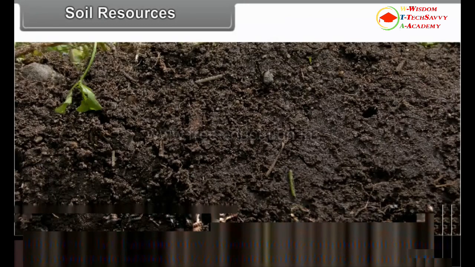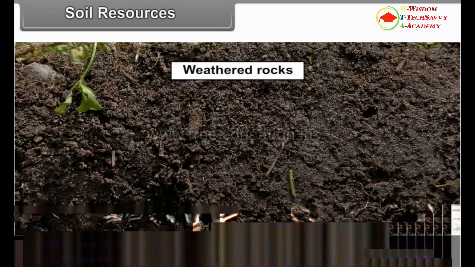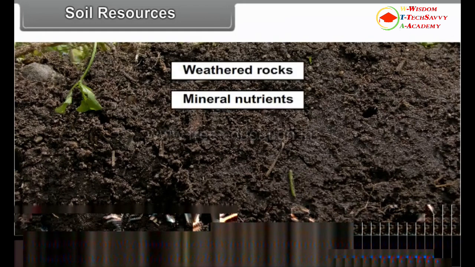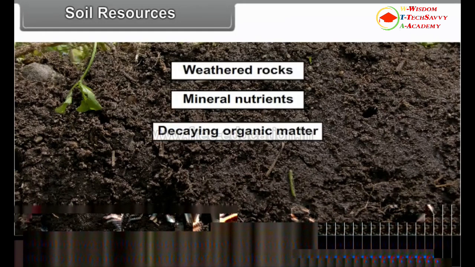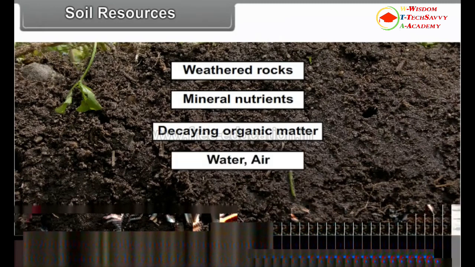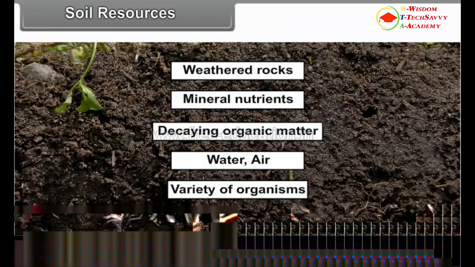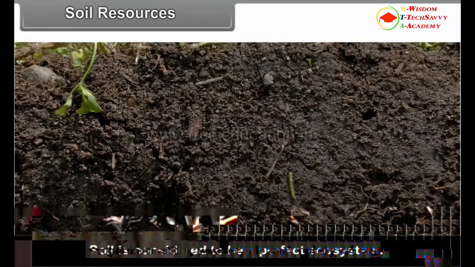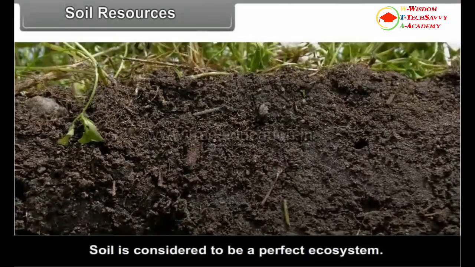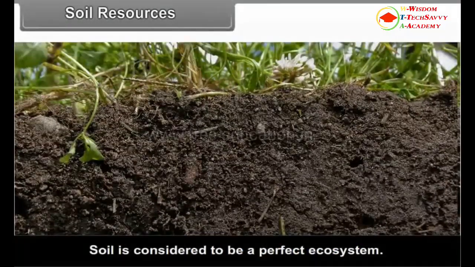Soil resources. Soil is basically a mixture of weathered rocks, mineral nutrients, decaying organic matter, water, air, and a variety of organisms. Soil is considered to be a perfect ecosystem.